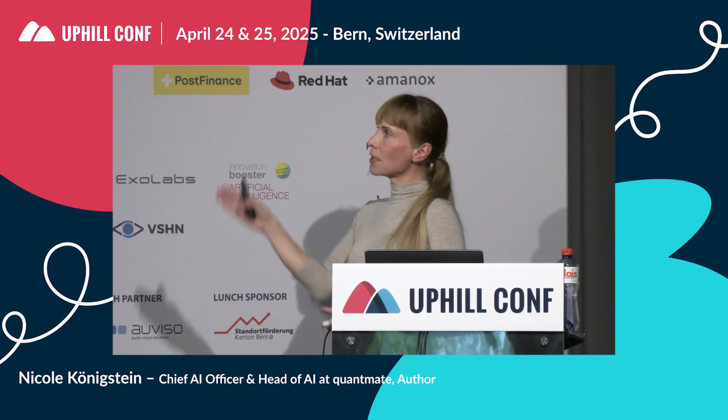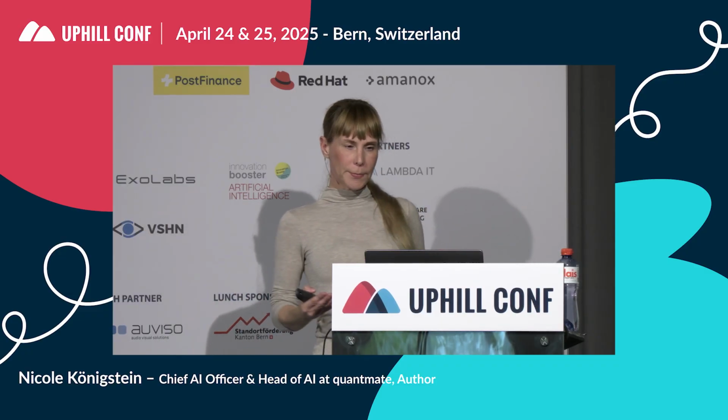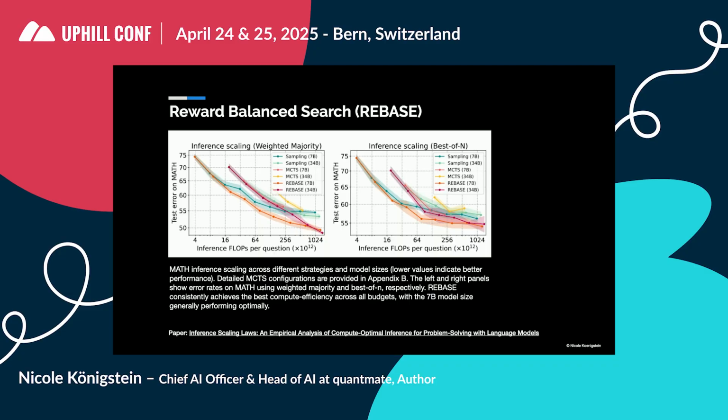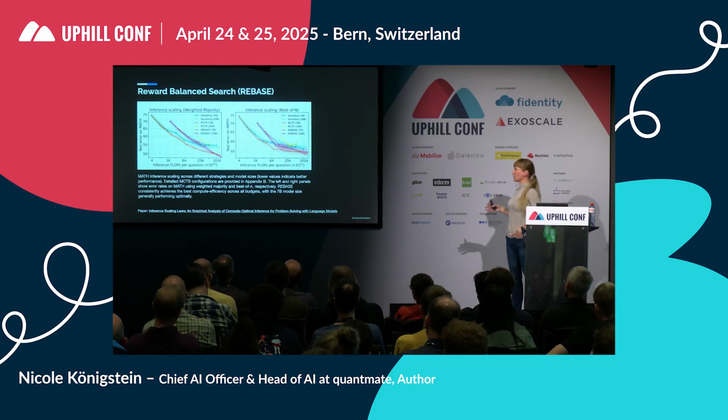And this is another algorithm building on this. They try to optimize it more. And here you see the optimization for math inference scaling across different strategies. And they evaluated MCTS, which is Monte Carlo tree search, and just normal sampling and that REBASE. So this is an improvement.